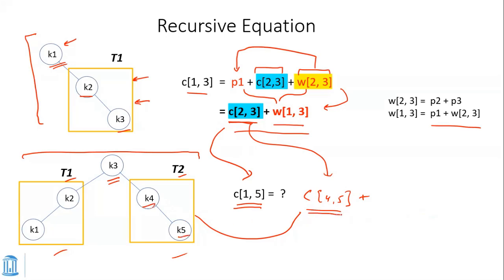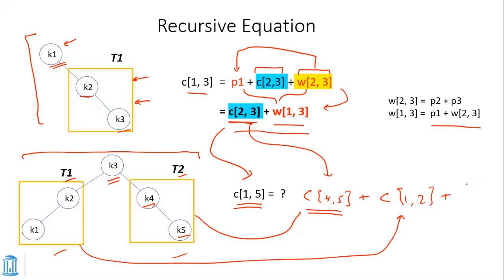So that's the cost of searching for keys 4 and 5. Plus what else? Yes, the cost of searching for these 2 keys, whatever the cost is, done recursively. Anything else?